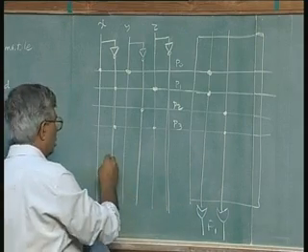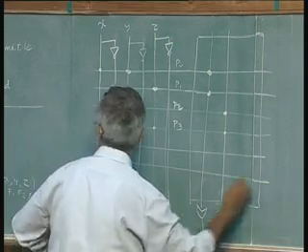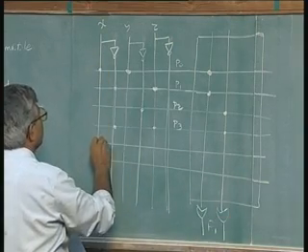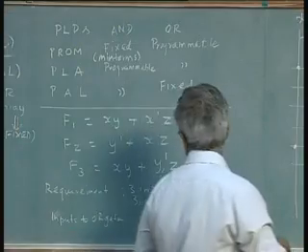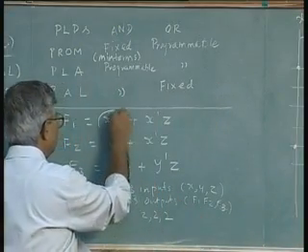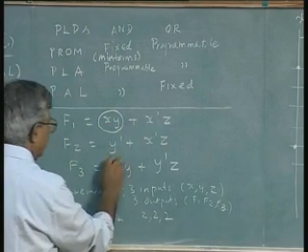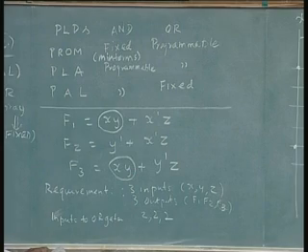Now, the third one is xy. This is what I mean: this xy is generated already for F1. We are generating it again for F2. We have not used what we generated already.